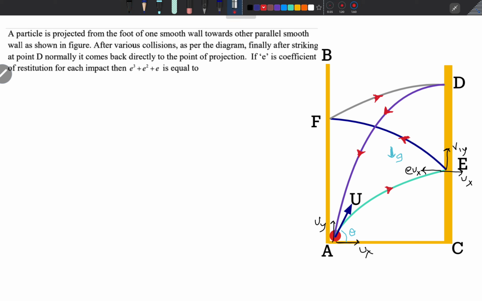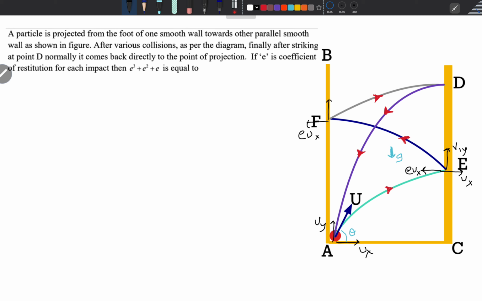Vertical component will remain the same. Then it will move from E to F. Here it will collide with the speed eux, and rebound with the speed e²ux.